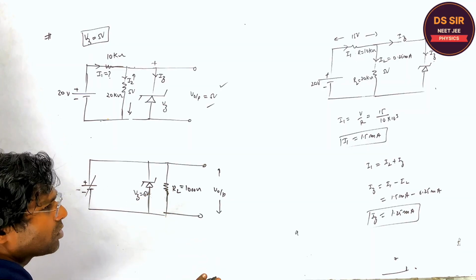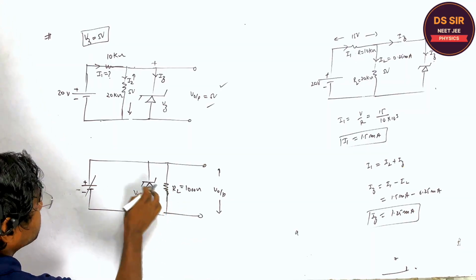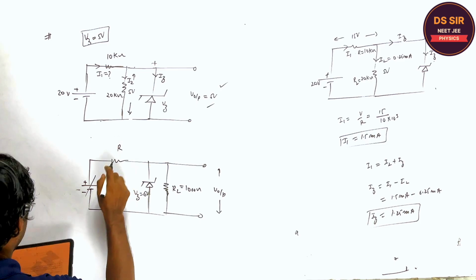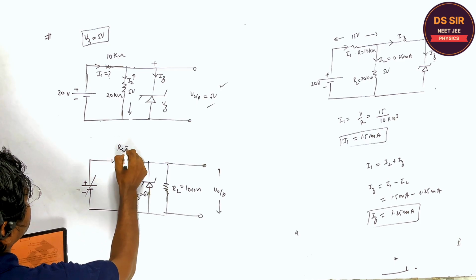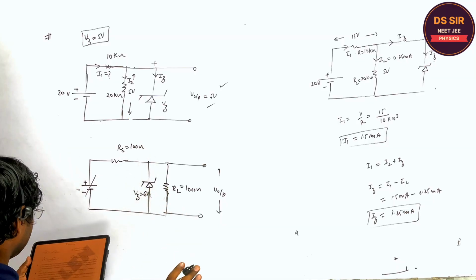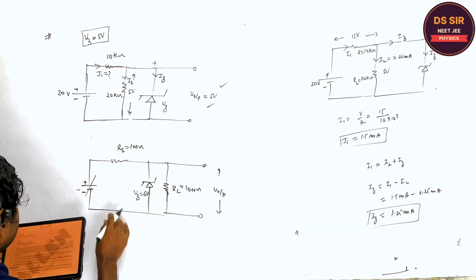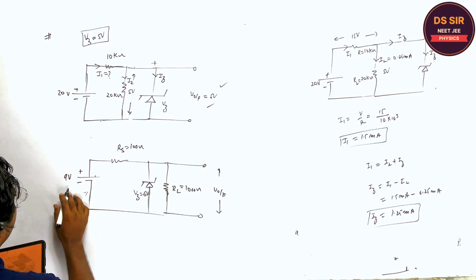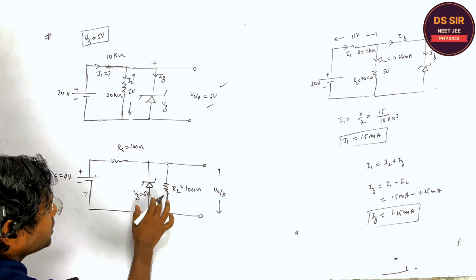Are you getting or not? And this is connected with a series resistance of 100 ohm. Are you getting, Sanjay? And this is the EMF, the 9 volt power supply. So this is the figure.